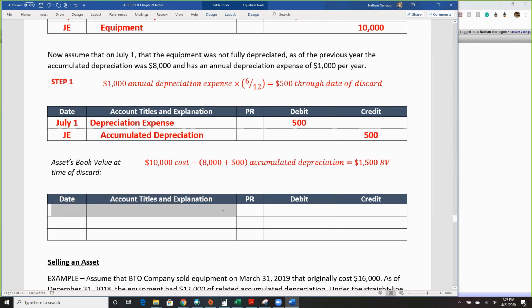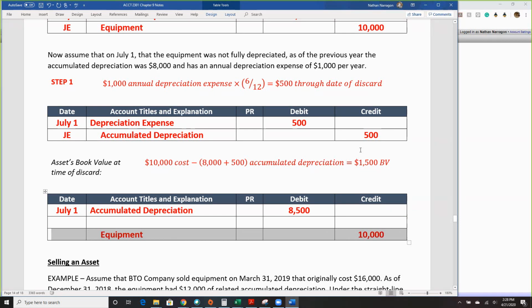So when we look at this, and we discard when there's depreciation, first off, we still debit accumulated depreciation of $8,500. That's the total. We're going to credit the equipment that cost us $10,000.